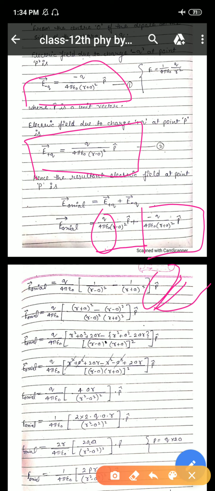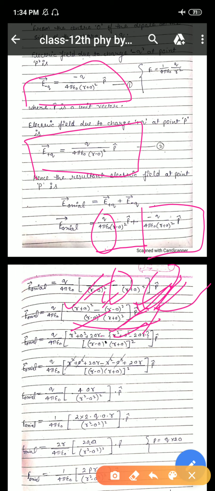And this one is the unit vector P. Taking the LCM and solving, the LCM is r minus a whole square and r plus a whole square. So r minus a whole square cancels out, and we write r plus a whole square here. Then the minus symbol, and again r plus a whole square cancels out, so we write r minus a whole square here.